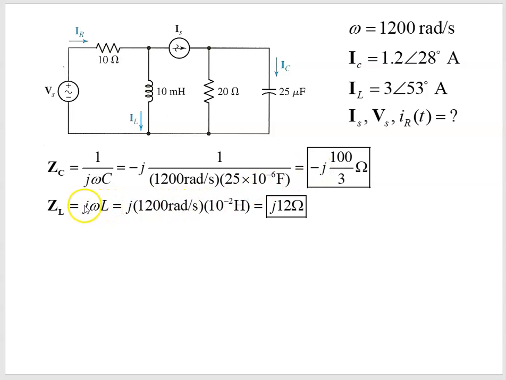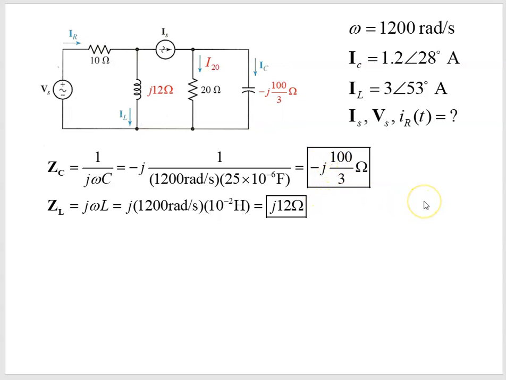Our inductive reactance is 1200 times 10 to the negative 2 for the 10 millihenry inductor, and we get j12 ohms. So the capacitive reactance is about 3 times that of the inductive reactance, but they are not oriented in series, so we can't just sum them.